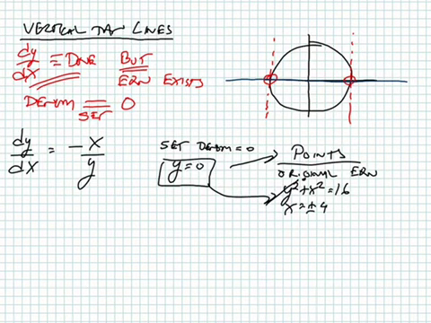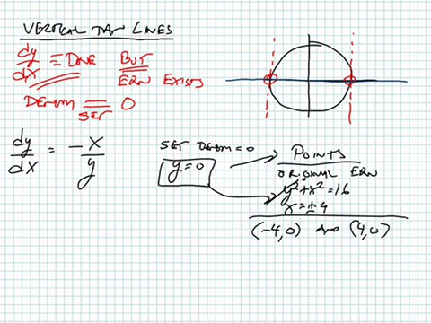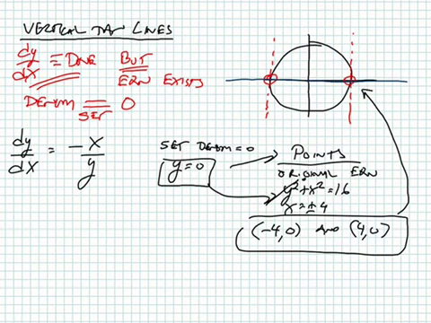So the points where our vertical tangent lines are going to be are x is minus 4 and y is 0, and x is 4 and y is 0. And if you look at the graph of the circle, you'll see that. You've got one vertical tangent line at x is minus 4 and y is 0, another vertical tangent line at x is equal to 4 and y is equal to 0.